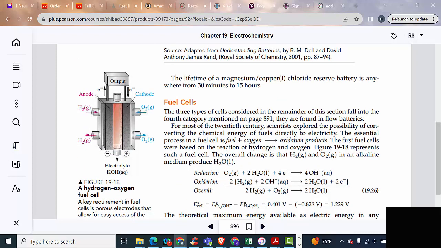This is a fuel cell here. A fuel cell, in theory, will never run out of fuel. And the oxidizer is cheap. It's oxygen, and you can get that for free from air. The reducer here is expensive, and it is hydrogen gas.